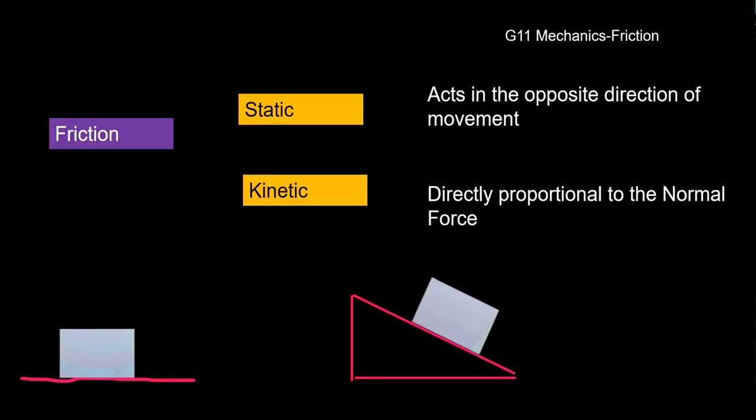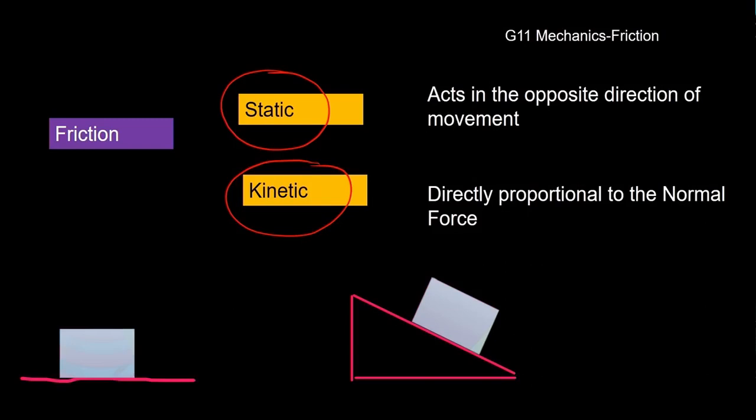So let's have a look now at what actually influences the frictional force. On my screen, you can see that we are dealing with both types of friction, the static friction as well as the kinetic friction. Now, in both cases, friction opposes motion.